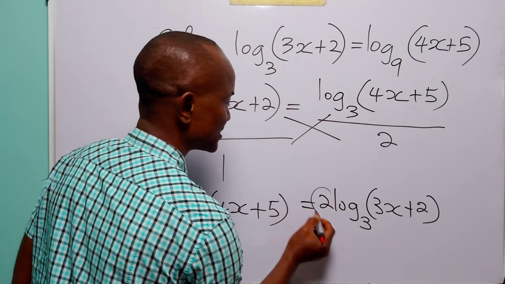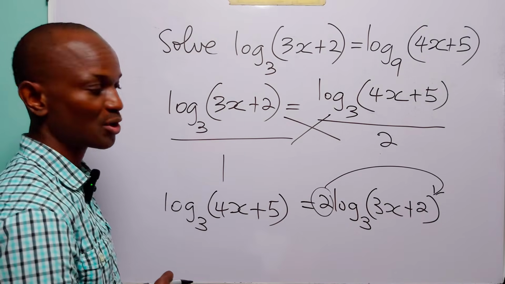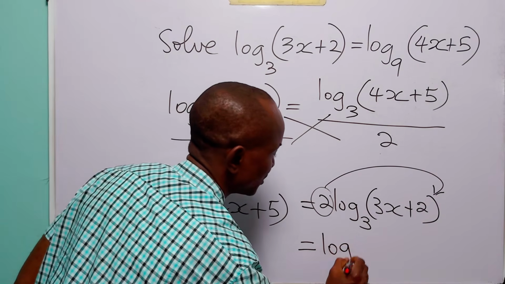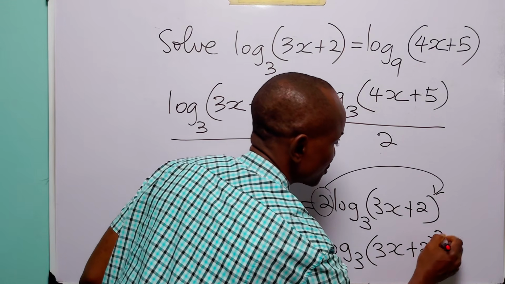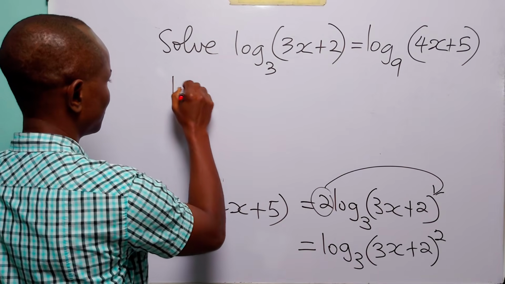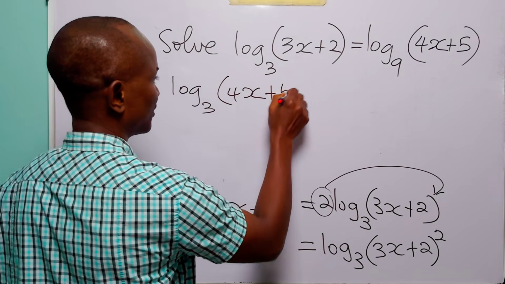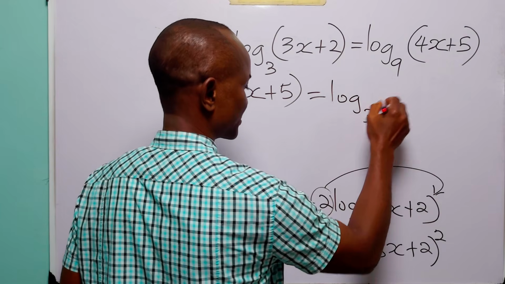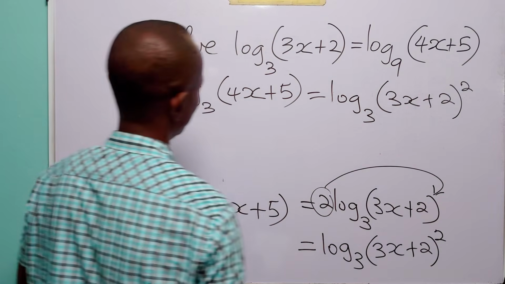We can take this multiplier to become an exponent of 3x plus 2. When we do that, this right-hand side becomes log to base 3 of 3x plus 2 squared. And from here, we have that log to base 3 of 4x plus 5 is equal to log to base 3 of 3x plus 2 squared.